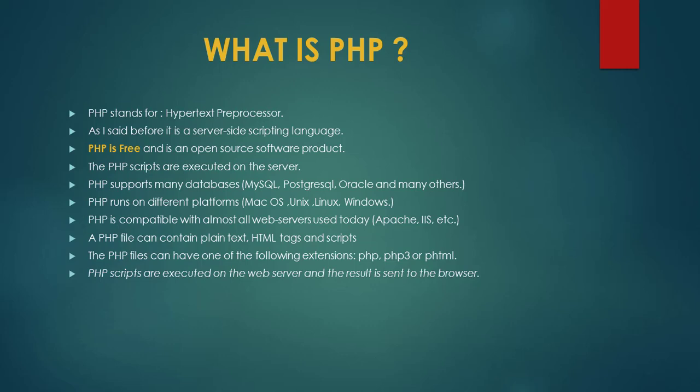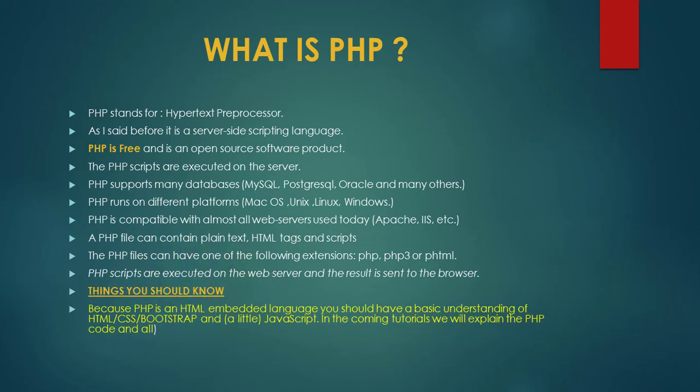PHP scripts are executed on the web server and the result is sent to the browser. Things you should know. Because PHP is an HTML embedded language, you should have a basic understanding of HTML, CSS, Bootstrap, and a little JavaScript. In the coming tutorial, we will explain the PHP code and all.